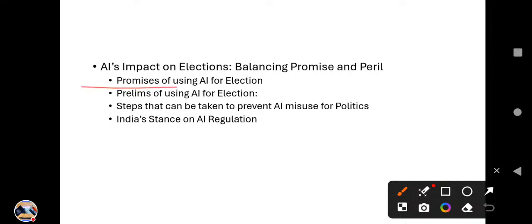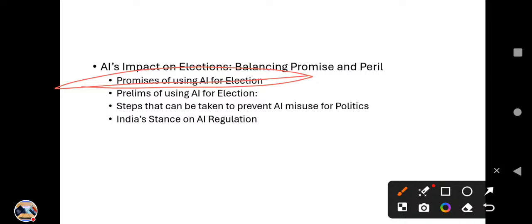So what are the promises of using artificial intelligence for elections? Campaign strategy revolution, information campaigns, technological advancements, micro targeting voters, influence through personalization. So these are the promises of using artificial intelligence for elections.